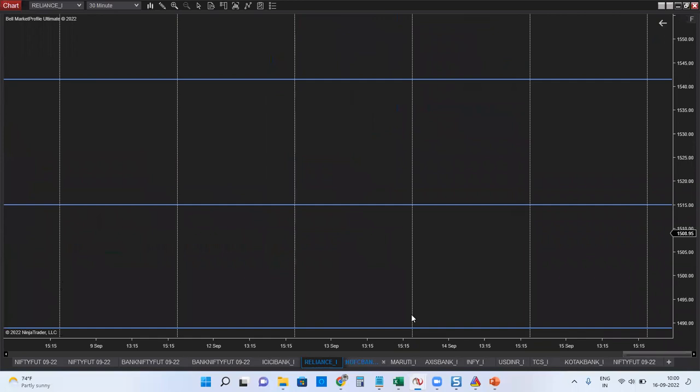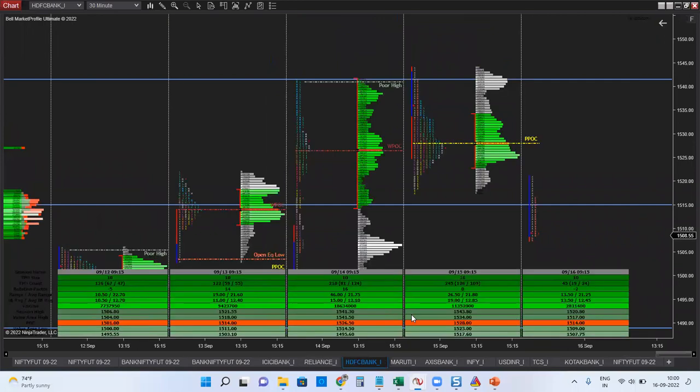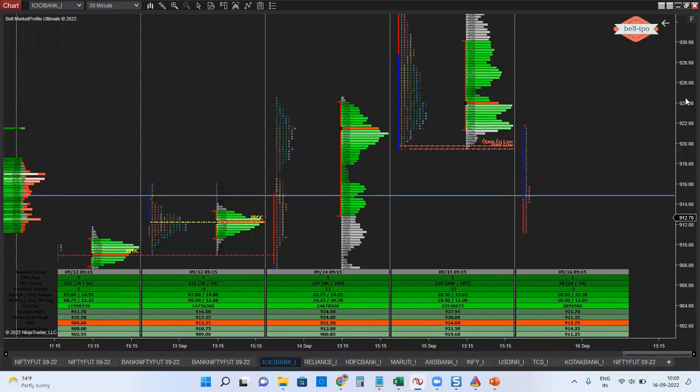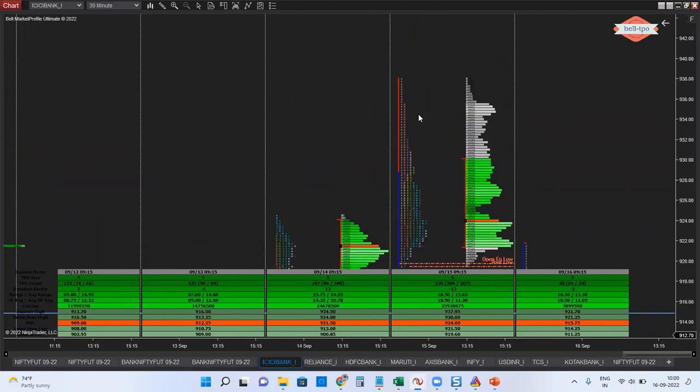HDFC Bank, to some extent, is a bit slow so far, but HDFC Bank also needs to be measured for a possible dual momentum top. And how about ICICI Bank? ICICI Bank also, yeah, we have to look for a possible dual momentum top here.